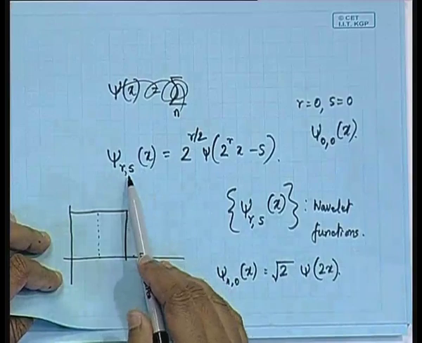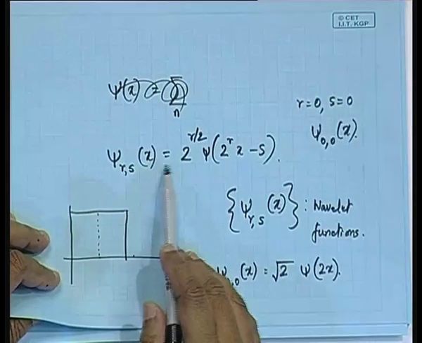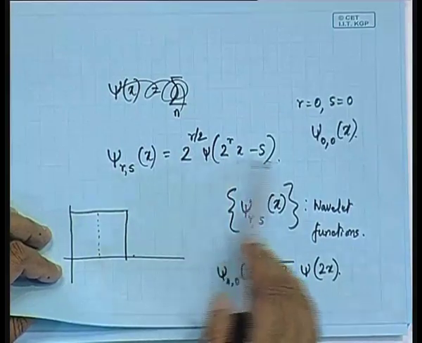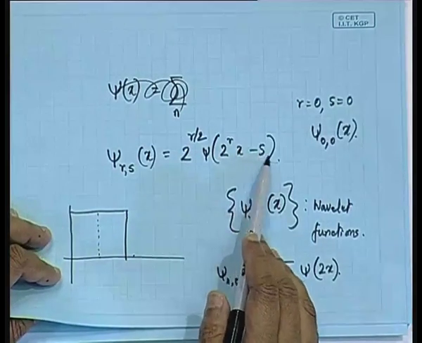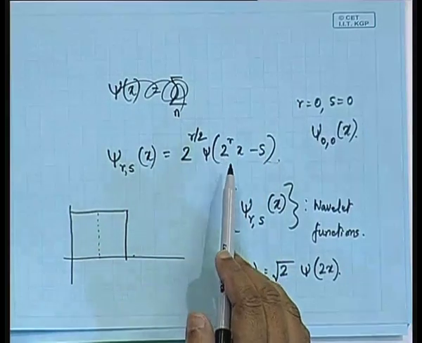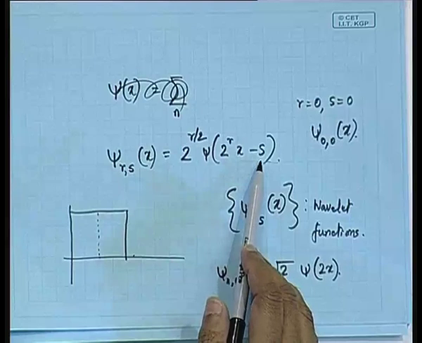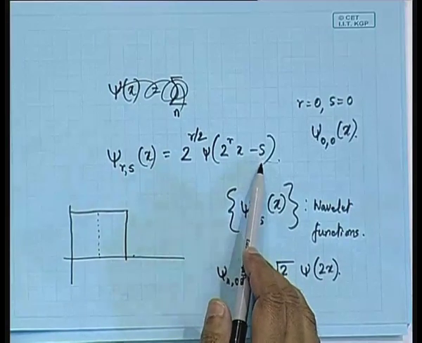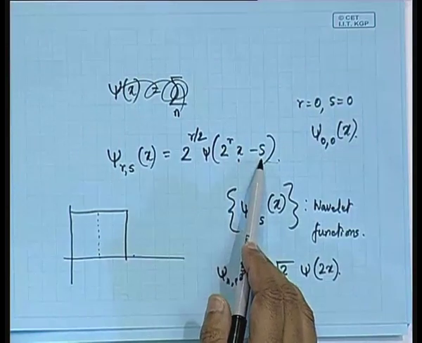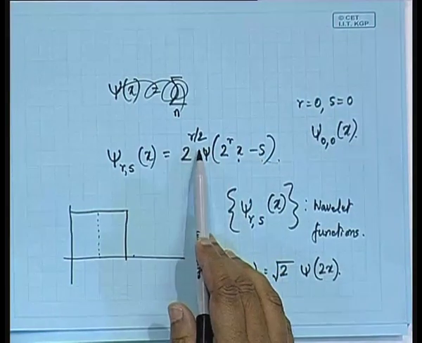We had said psi r s of x was equal to 2 to the power r by 2 psi of 2 to the power r x minus s. Now, in this case the nomenclatures have changed, we are calling this s as k, the discrete variable x we are calling n, and r we are calling j.